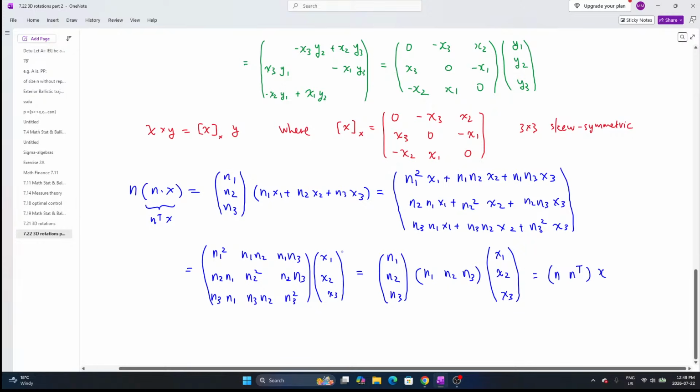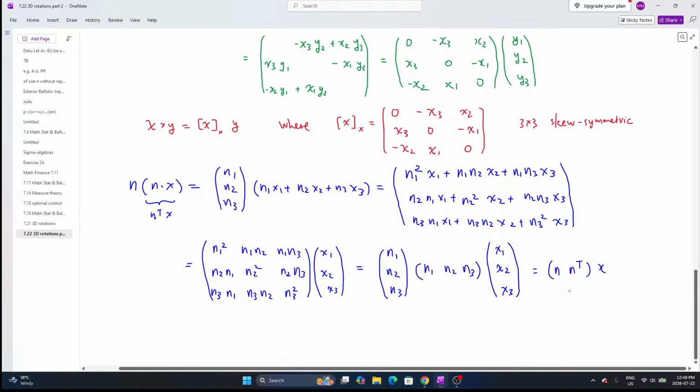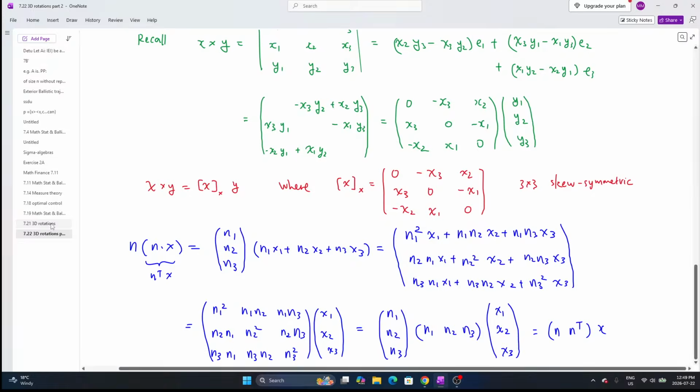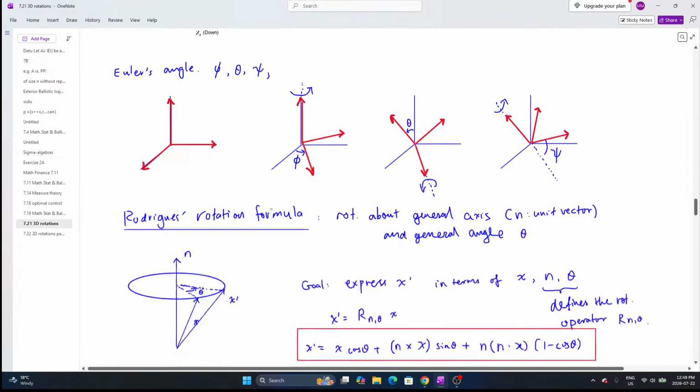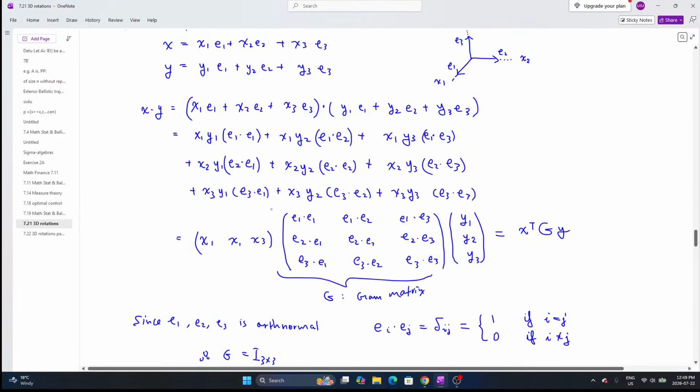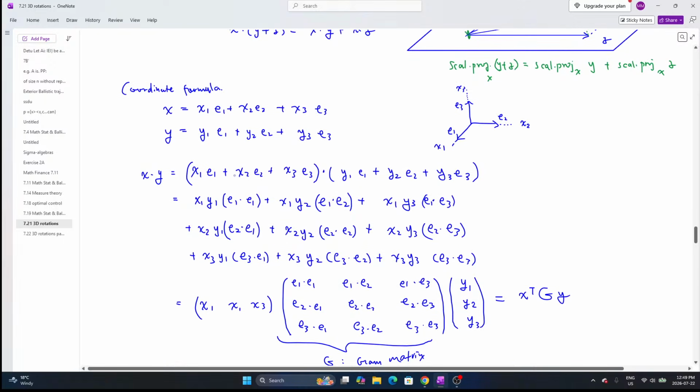Is it a Gramian? I don't think it's a Gramian. This is the Kronecker product. Christian, we did see the Gramian yesterday, when we reviewed the dot product.